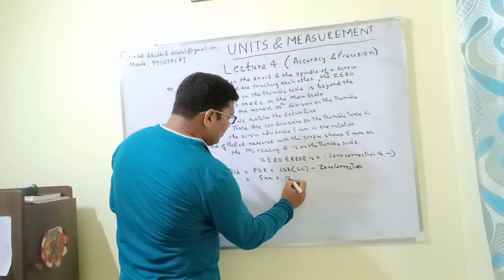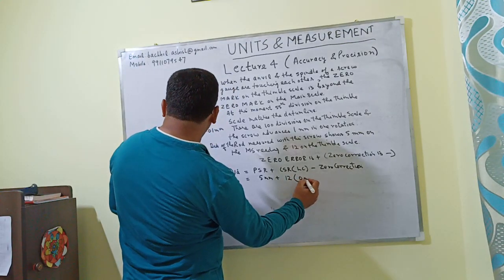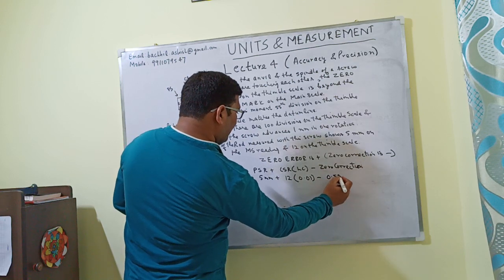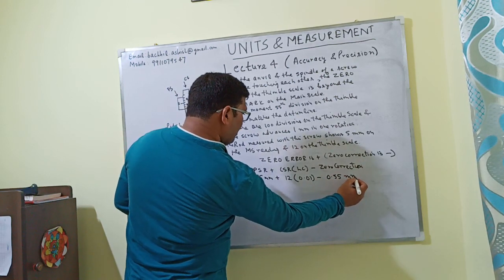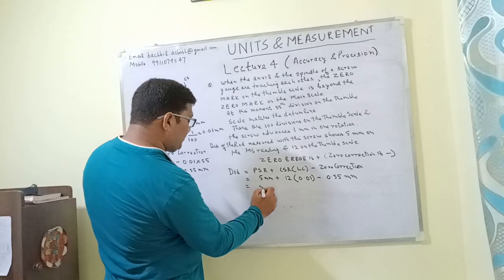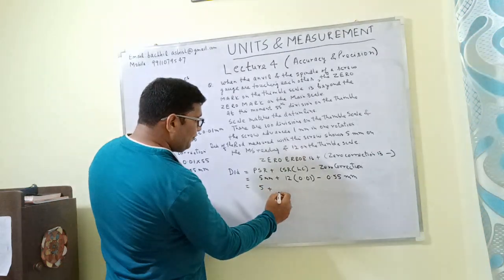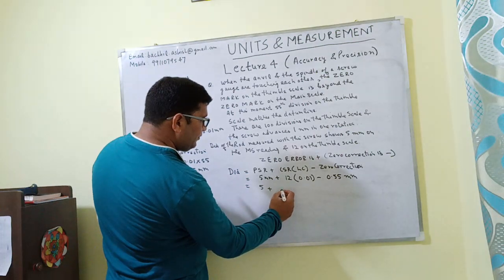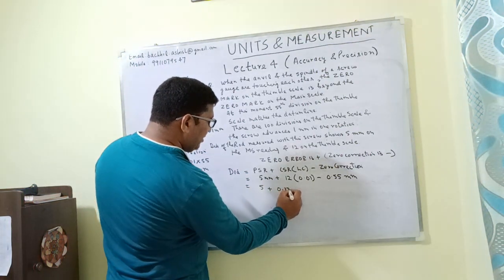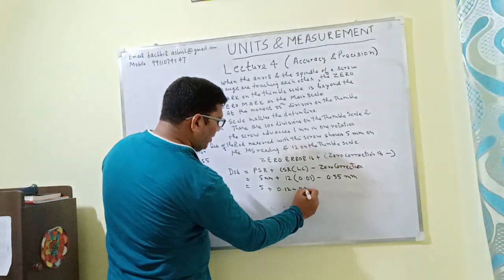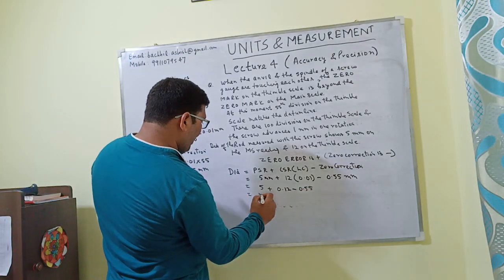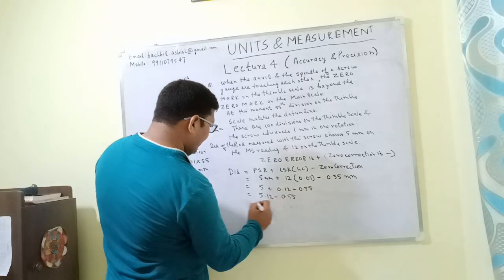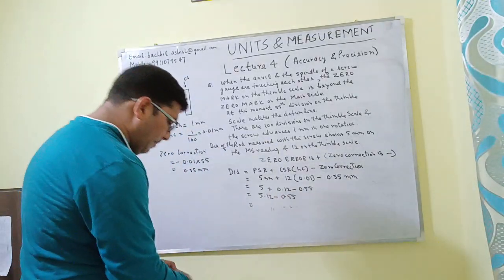So we will write here as 12. LC is equal to 0.01, minus 0.55. So the answer is 5 plus 12 into 0.01, which is 0.12, minus 0.55. 5.12 minus 0.55.